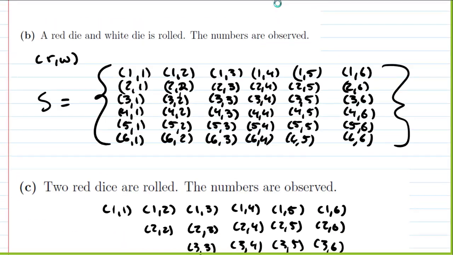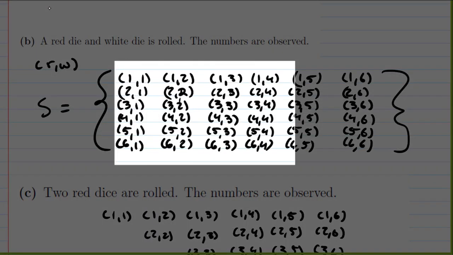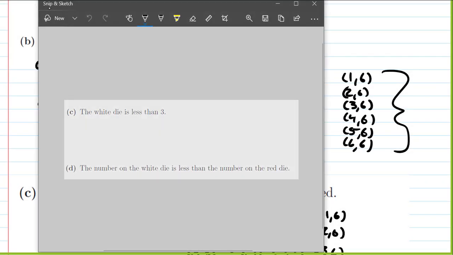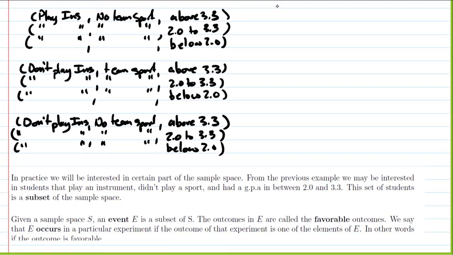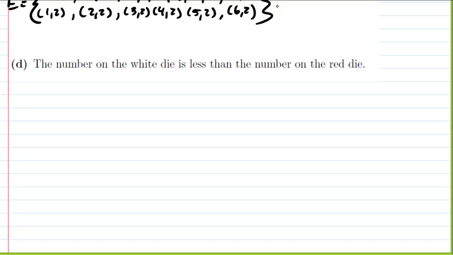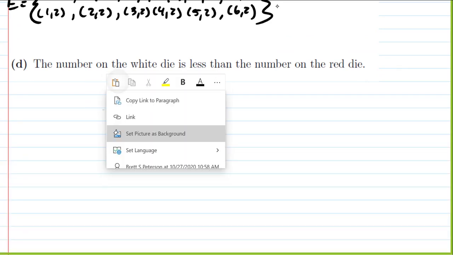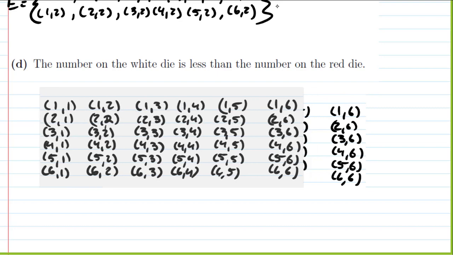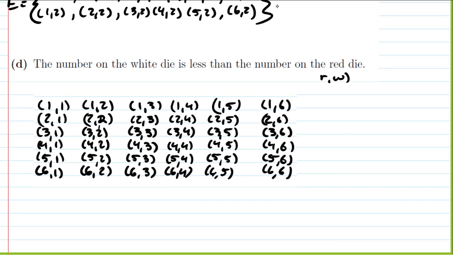So for this one, I'm going to actually bring down this whole chart to make it a little bit easier to illustrate what we're trying to show. So our ordered pairs, remember, are of the form we arbitrarily chose the red die to be first.